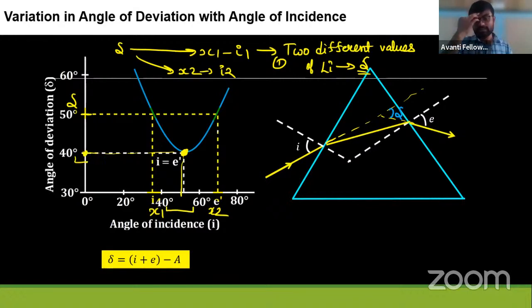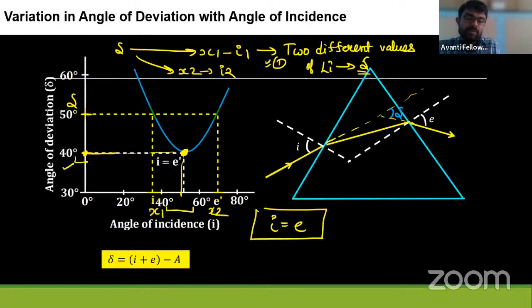The first concluded point is not for all values of incidence angle. There will be one angle for which the angle of deviation is single and minimum. Such an angle of incidence equals the emergent angle, and for it the angle of deviation will be minimum. This we can conclude from the graph.